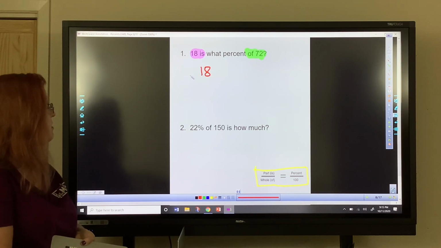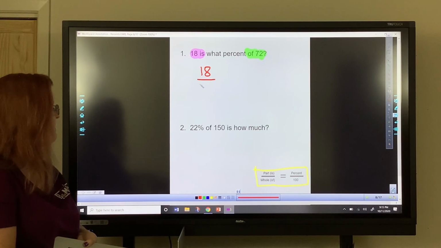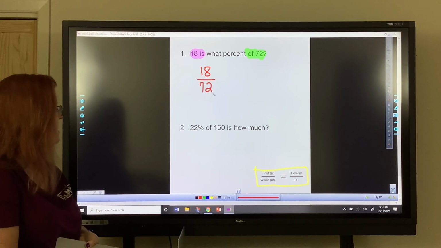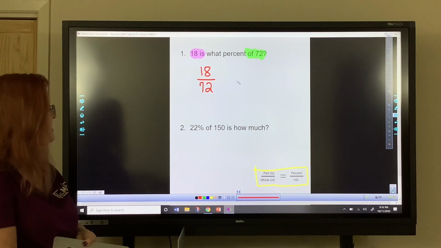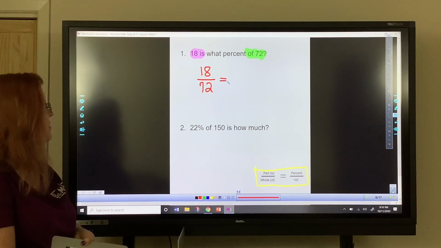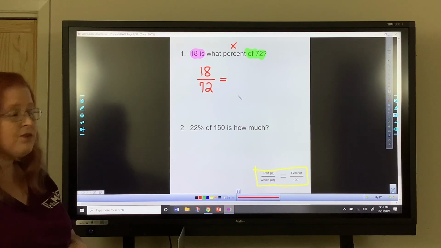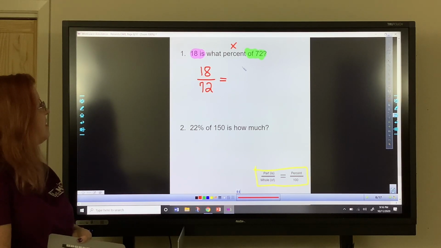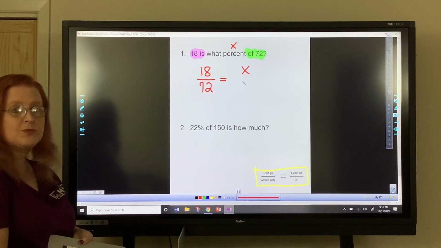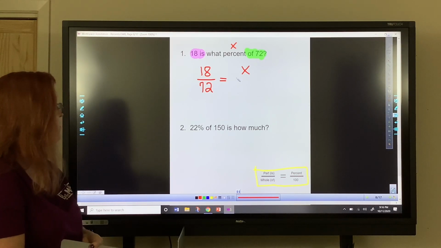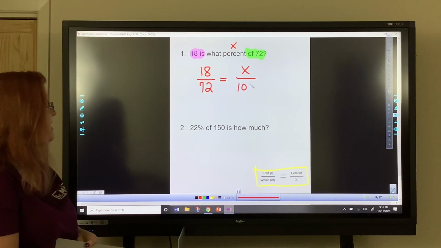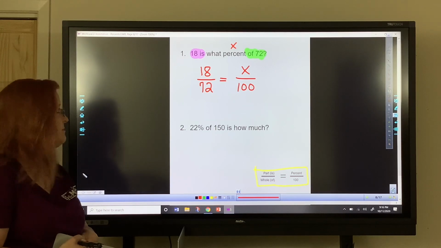The "of" goes on bottom, so that's 72. And our percent is our unknown, so we use a letter. I usually use the letter X. It doesn't matter. You can use whatever letter you want to hold my placeholder. That's what I'm looking for, over 100, because we know that doesn't change.